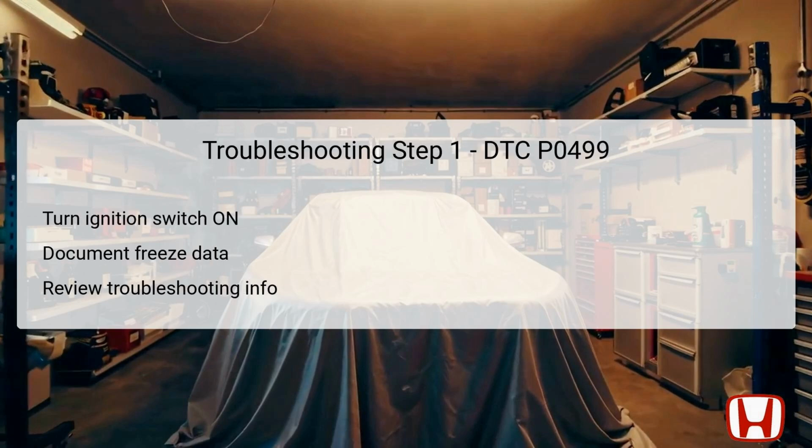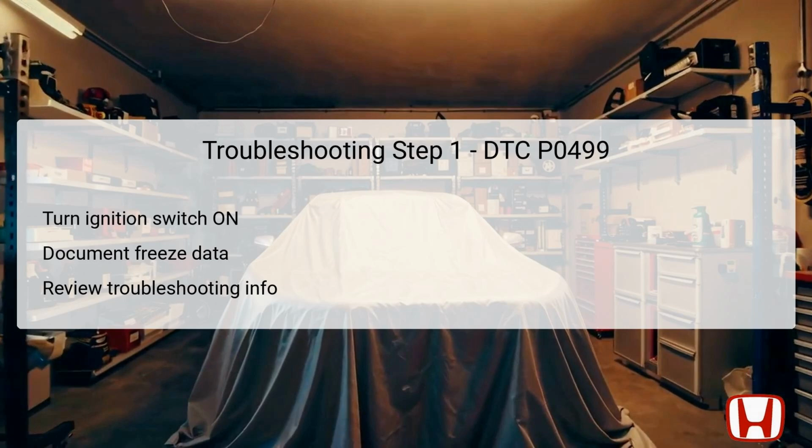The first troubleshooting step for DTC P0499 involves initializing the diagnostic process. Start by turning the ignition switch to the ON position without starting the engine. This action enables the onboard computer to prepare for diagnostics.